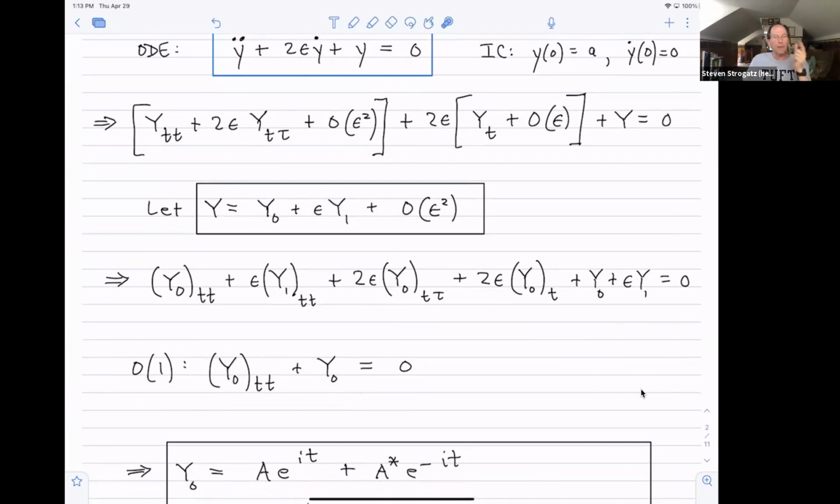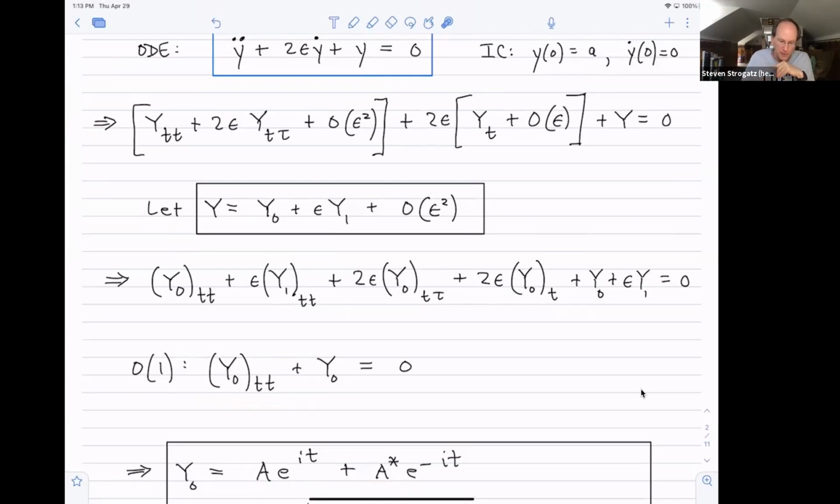Now here's the first part that's slightly interesting. If we were just doing an ordinary differential equation, this would be my solution where the A's would be constant. A star means complex conjugate. So A is a complex number, potentially here. These A's would be constants.